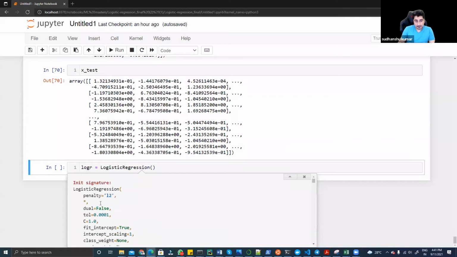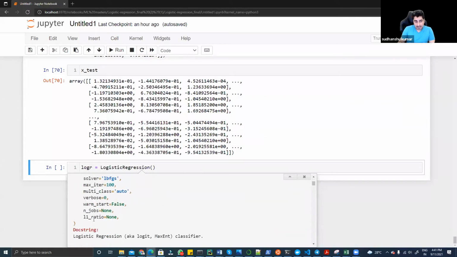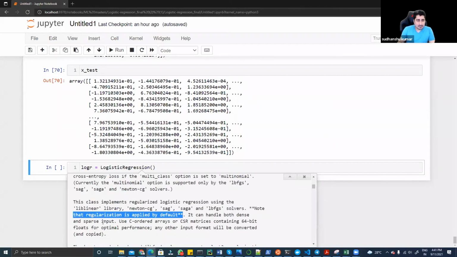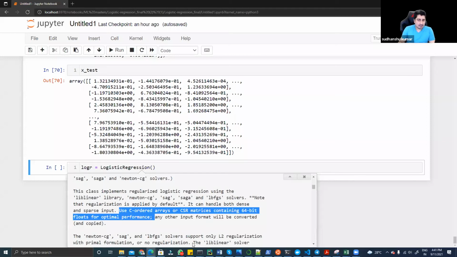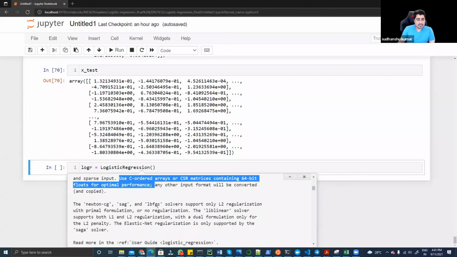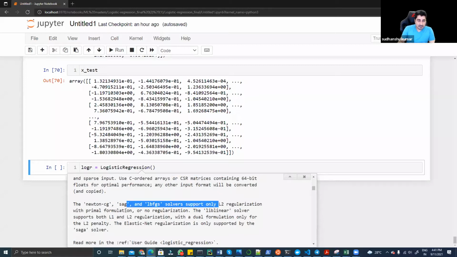It can handle both dense and sparse input, using C-ordered arrays or CSR matrices containing 64-bit floats for optimal performance. Newton-CG, Saga and LBFGS solvers support only L2 regularization with the primal formulation.